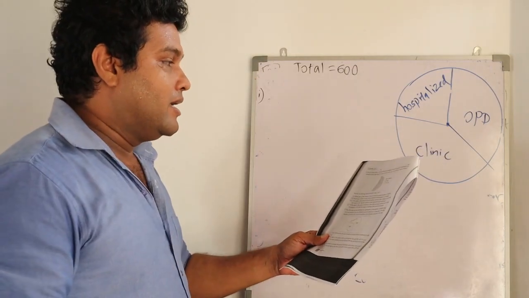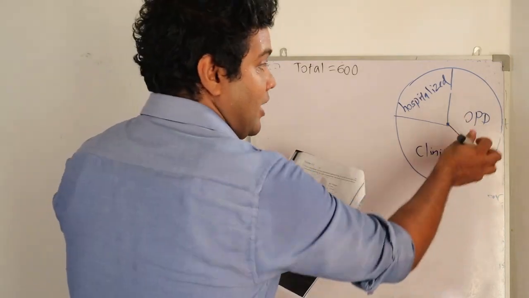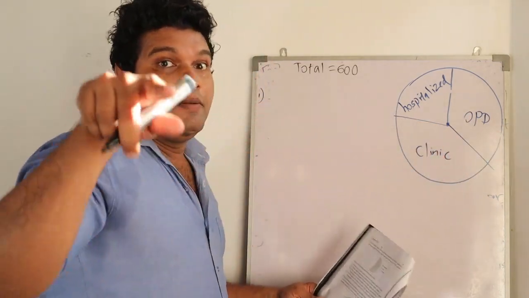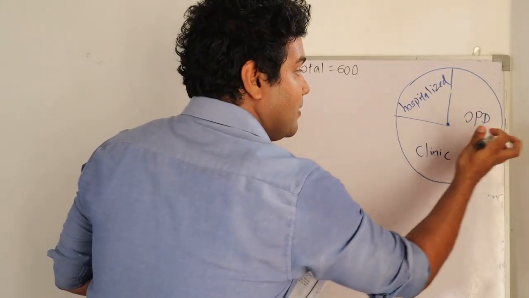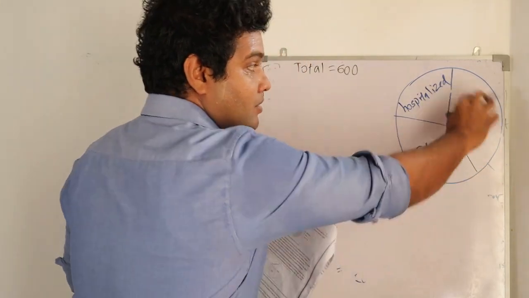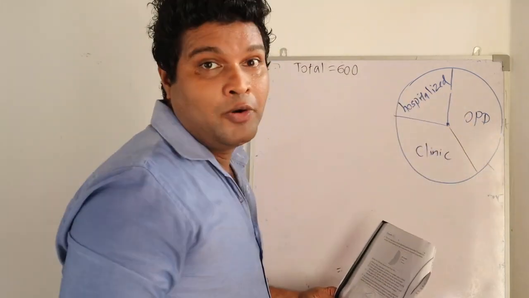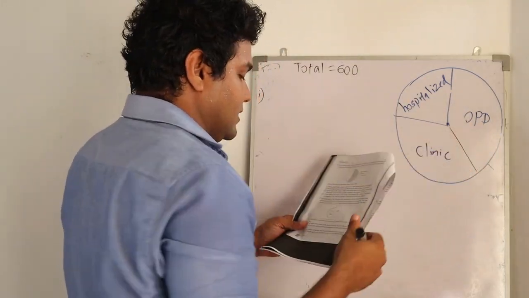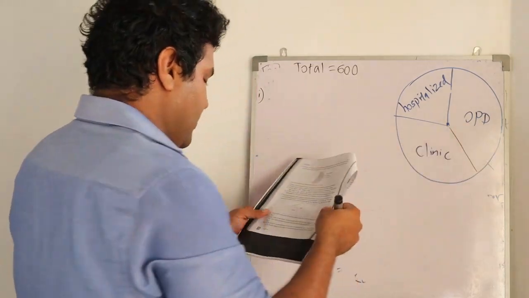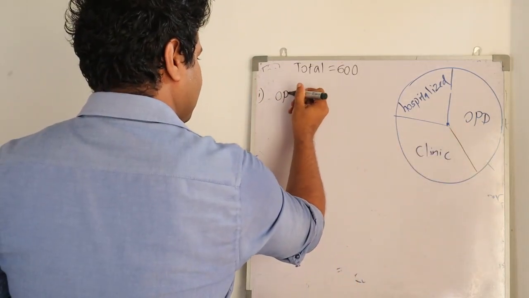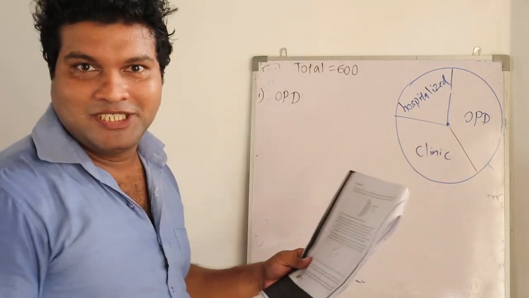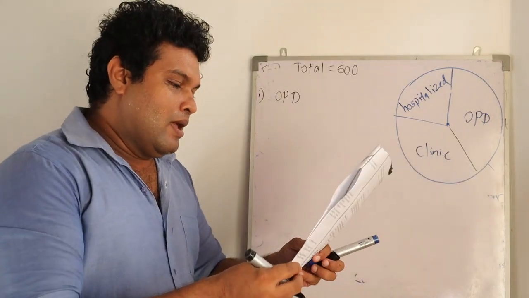Looking at the pie chart, according to your exercise in the PDF, you have to check the angle that is somewhat bigger than what I have drawn, and OPD is the one. Then OPD is the answer for the first one. It is not a mathematical question, it's a normal question.